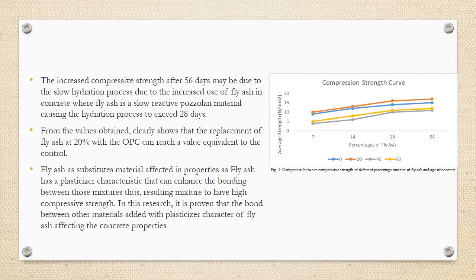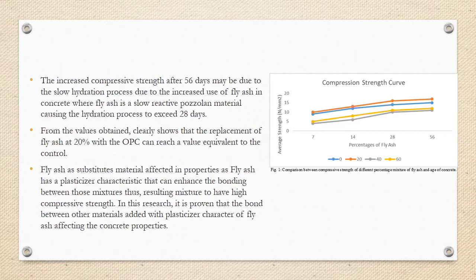The increased compressive strength after 56 days may be due to the slow hydration process due to the increased use of fly ash in concrete, where fly ash is a slow reactive pozzolan material causing the hydration process to exceed 28 days. From the values obtained, it clearly shows that the replacement of fly ash at 20% with the OPC can reach a value equivalent to the control.